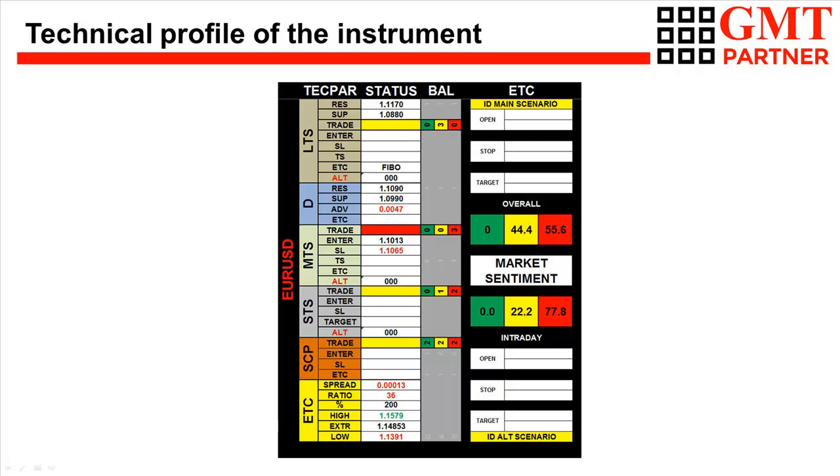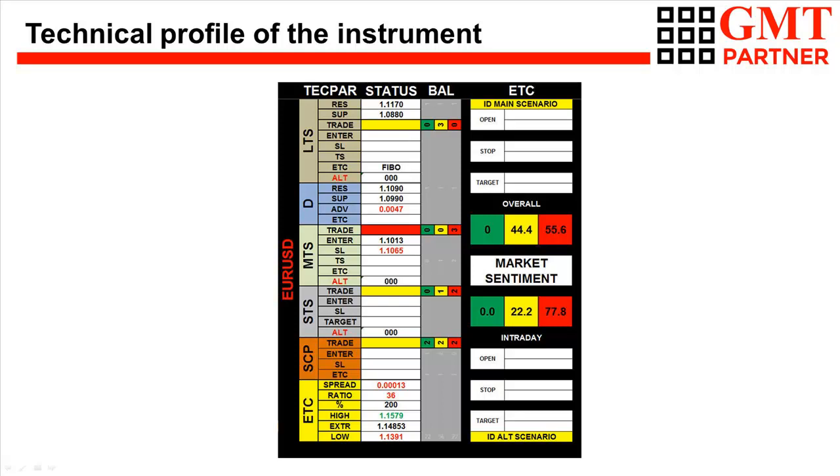In the diagram below, you can see the technical profile of one of the financial instruments, the currency pair US dollar versus Japanese yen. The technical profile of the financial instrument is divided into several sections that reflect the technical picture in the instrument from the perspective of the particular trading strategy.